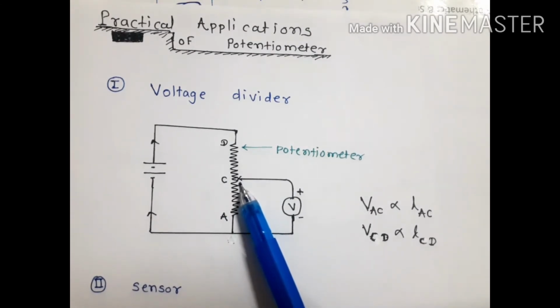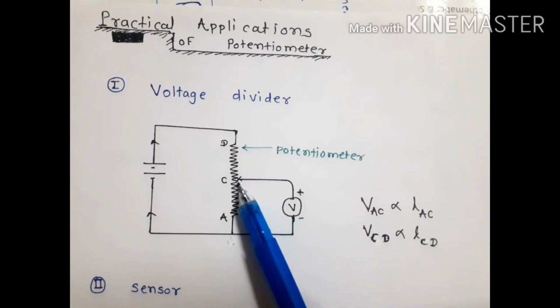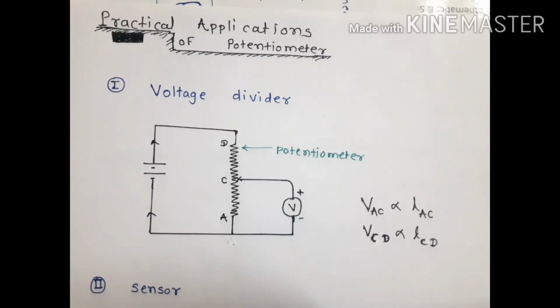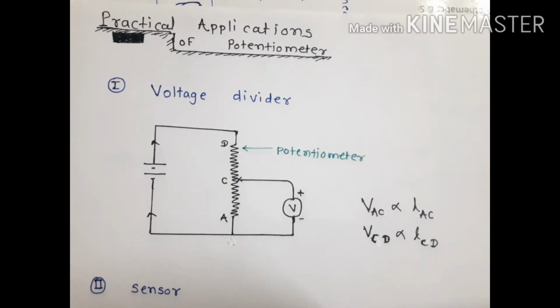This is the slider point of the potentiometer, and it is connected to the voltmeter. If we displace that slider, then as the distance between the points goes on increasing, the potential drop also goes on increasing.